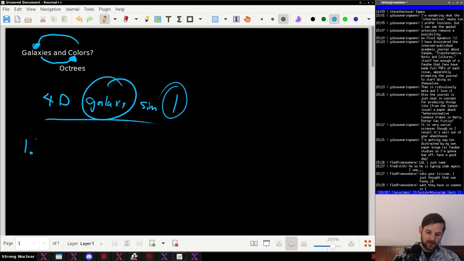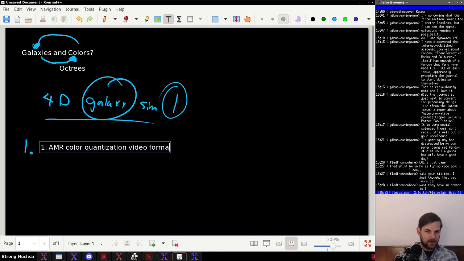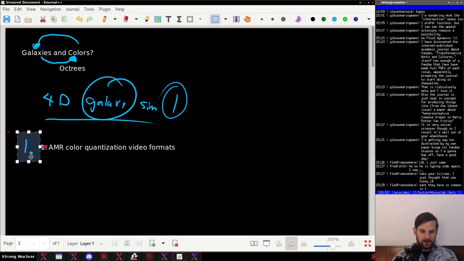One would be adaptive mesh refinement for color quantization videos. And this is where color quantization kind of learns from the galaxy simulation.